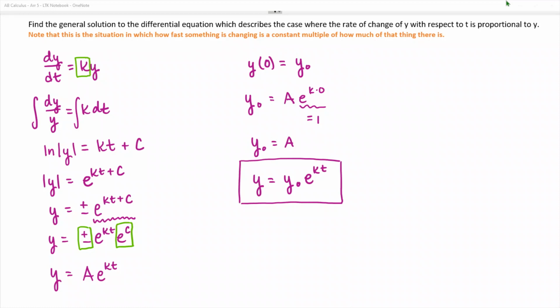So that k in that situation is the r in the continuous compounding model. And therefore, the amount of money you put in the bank was that y0, and the amount of money you have after time t comes up to be y.